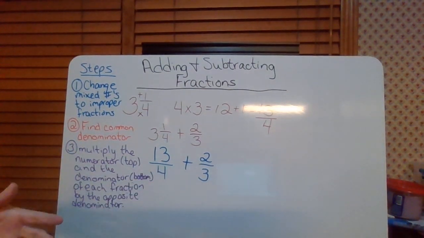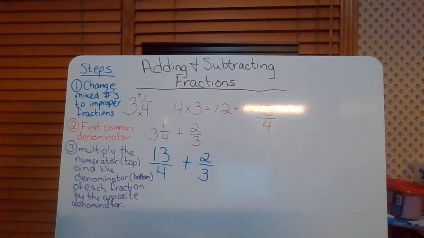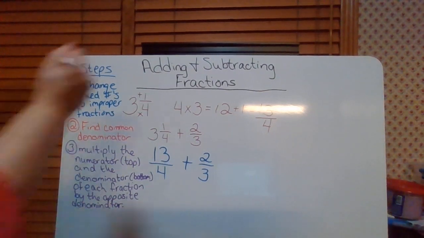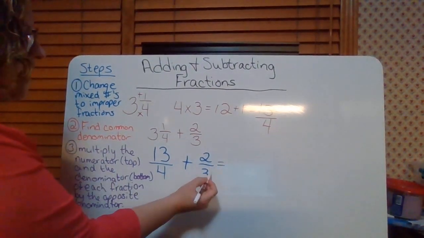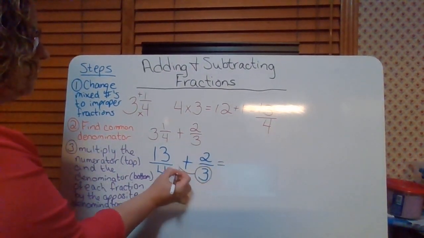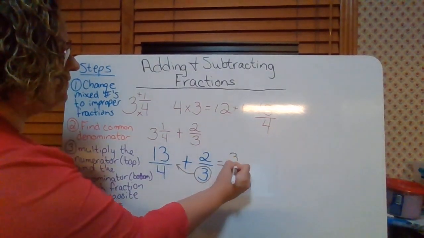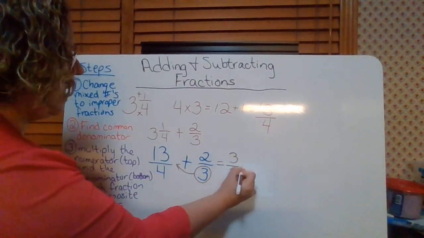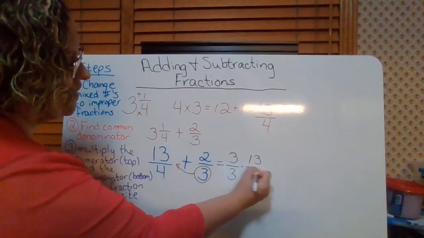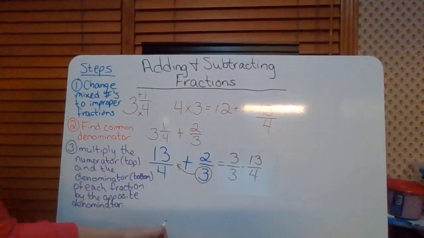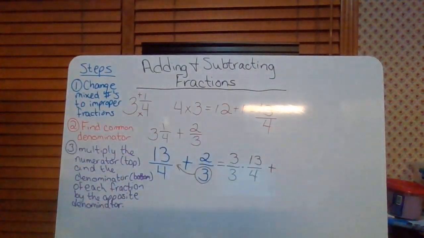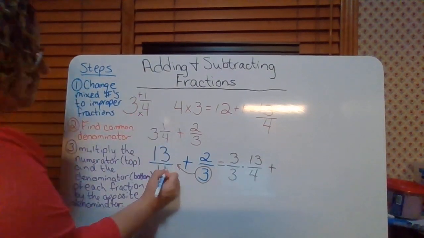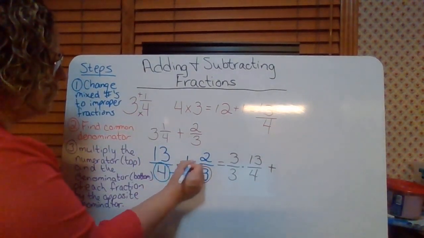So what is that going to look like? Well, I'm glad you asked. I'm going to show you. So I'm going to take this 3 and multiply it over here. So I'm going to have 3 over 3 times that 13 over 4. Then plus, now I'm going to take this 4 over here.